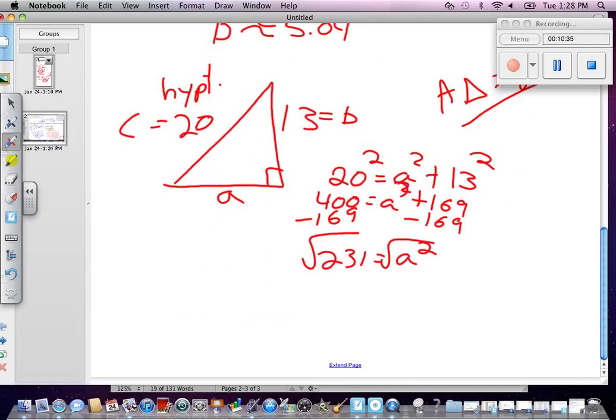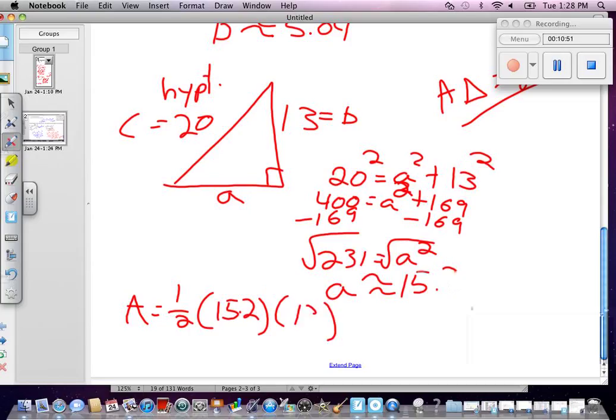You see the little 2 right here? Is that what I'm talking about? Yeah. So I get A is approximately 15.2. And then I have to do area equals 1/2 base times height, which gives me, I didn't figure it out on my sheet for some reason.